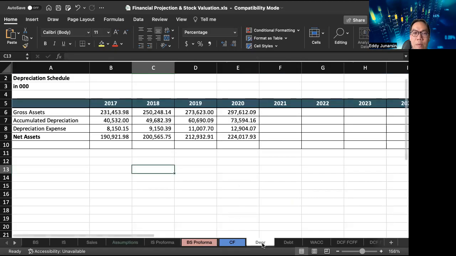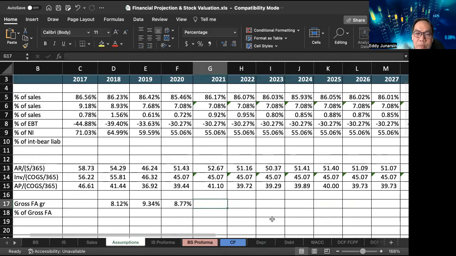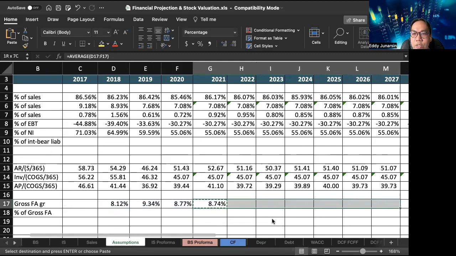Maybe real projections, real information that you got for the future years, the purchases, procurement, and other things like the retirement of equipment after certain years. But here we don't have that real information, so we are making assumptions. I will just use moving averages for the growth rate, the last three figures.